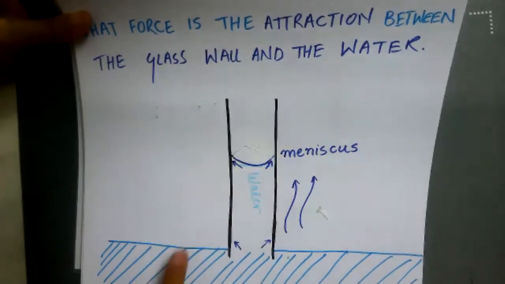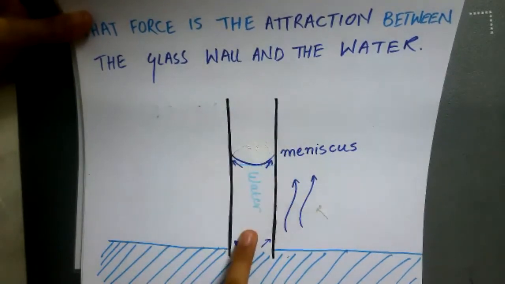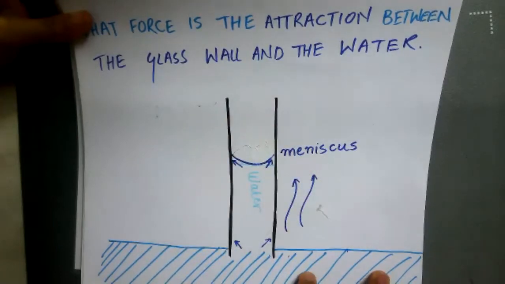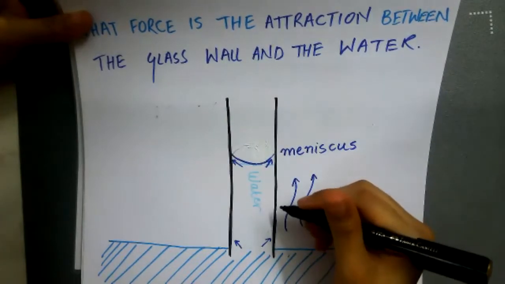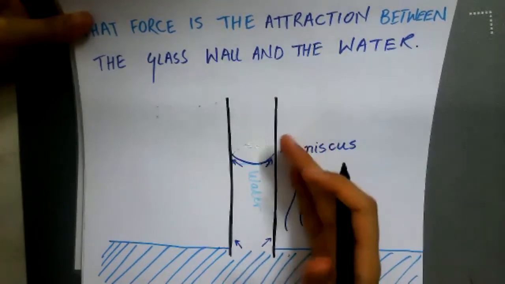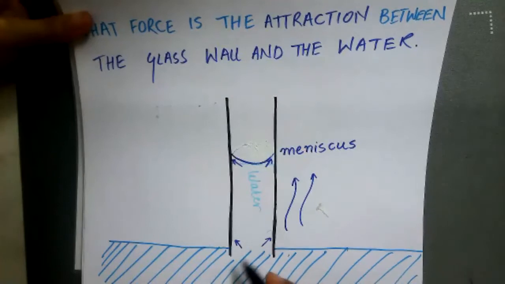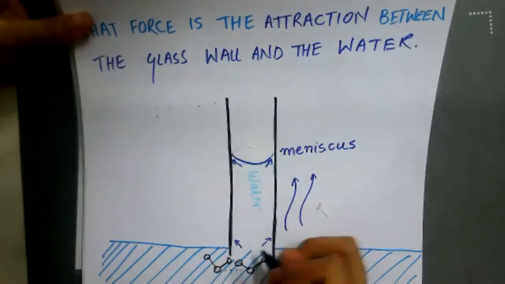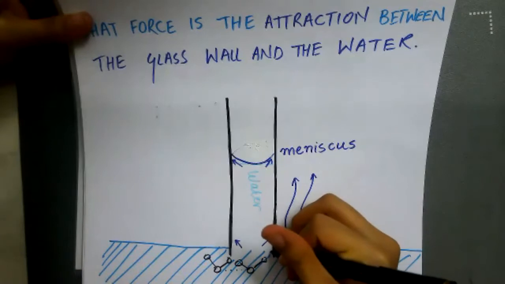First of all, we were saying that when we put this tube, so I've zoomed in, in water, according to capillary action, the water is going to travel upwards. This is because the water molecules have an attraction between each other, and they also have attraction to the glass walls.